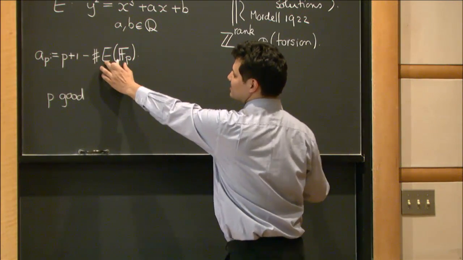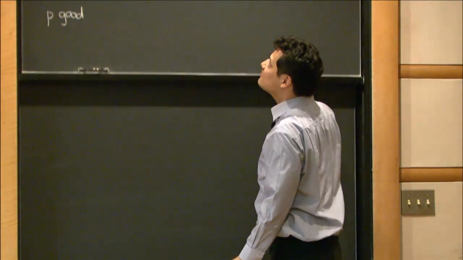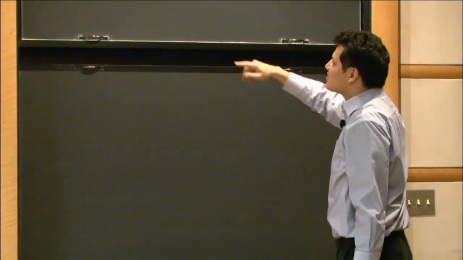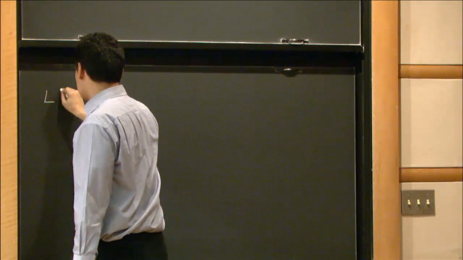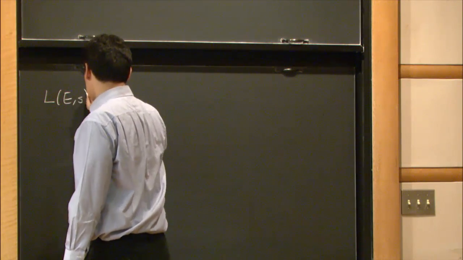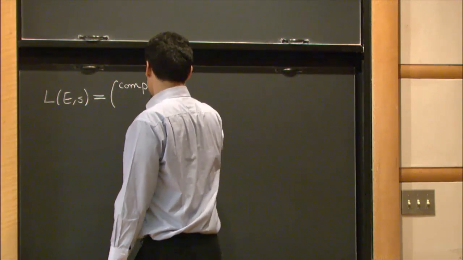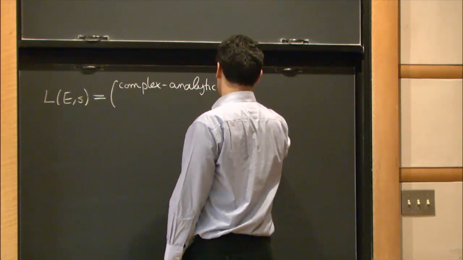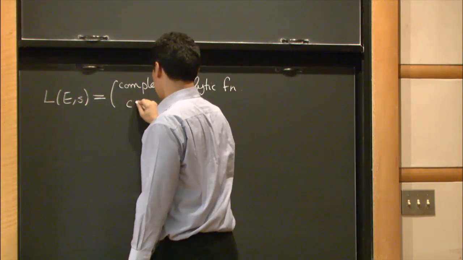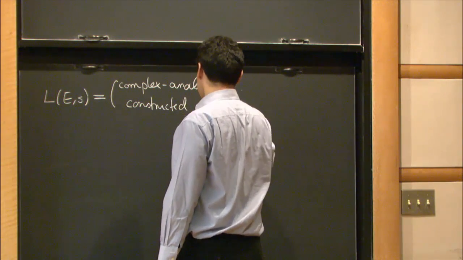So E(F_p) doesn't really tell us much about the rank directly. We can just cobble together these a sub p's and construct a complex analytic function that should know something about the elliptic curve, right?